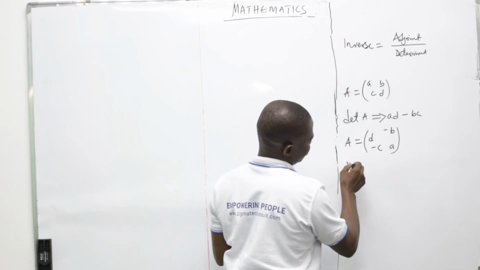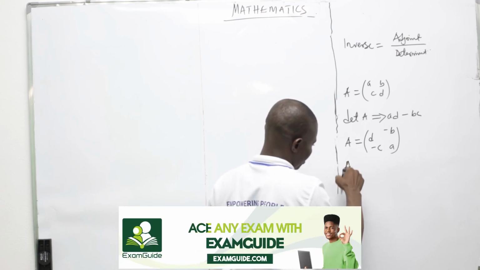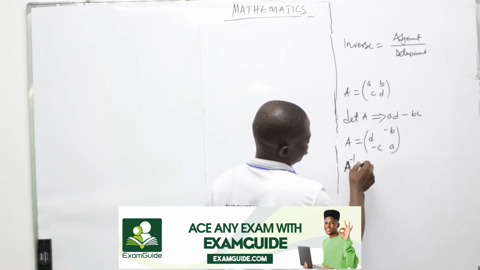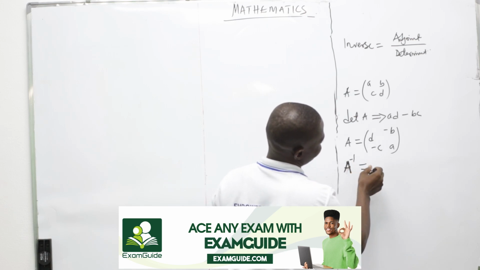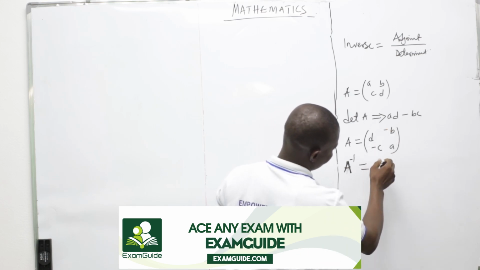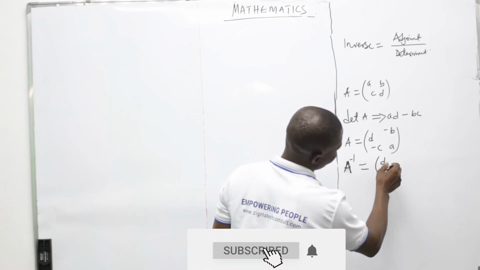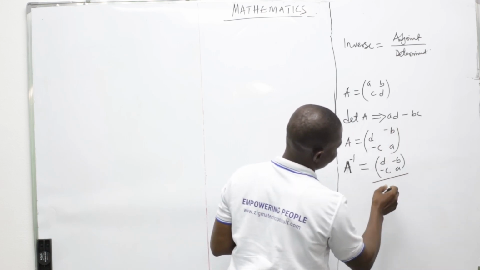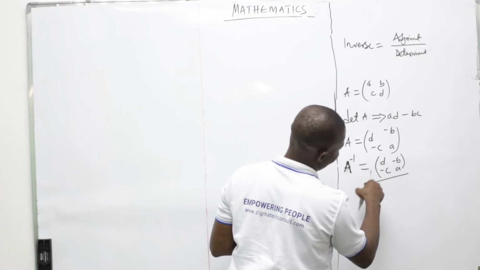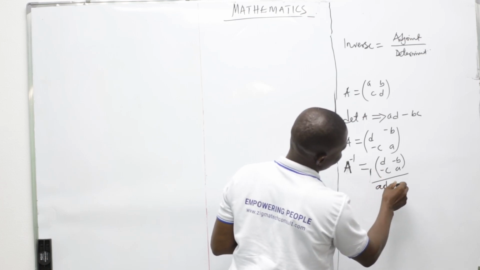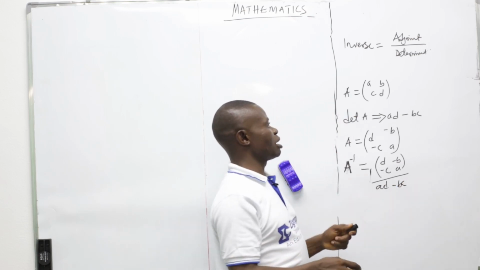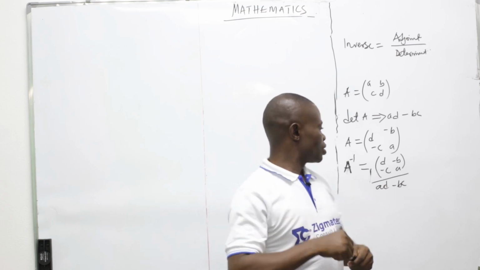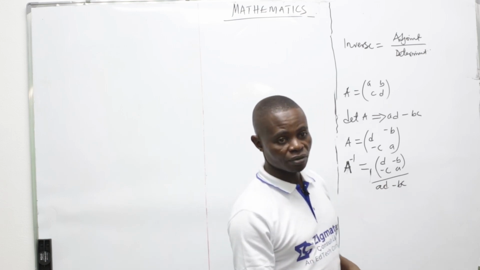So the inverse, that is A inverse, the symbol for inverse is A raised to power minus 1, equals D, minus C, minus B, A, divided by 1 over AD minus BC, which is the determinant. Adjoint all over determinant.